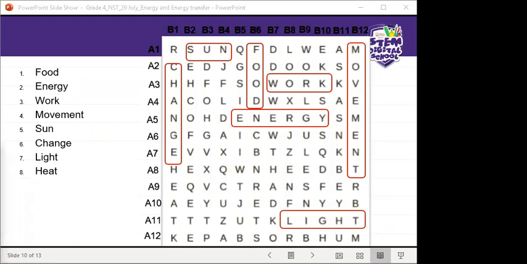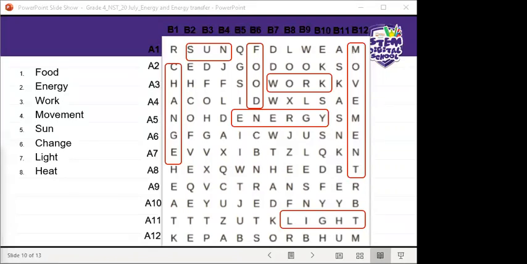Heat. Okay, let's hear from Zoe. I see your hand is up. Hello, ma'am. How are you? Fine, thanks, and you? I am well, thank you. So where do we find heat in our crossword puzzle?